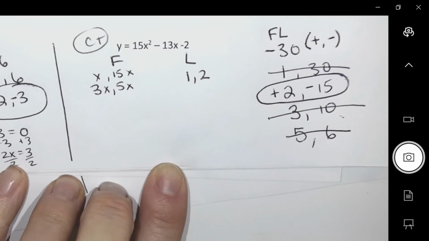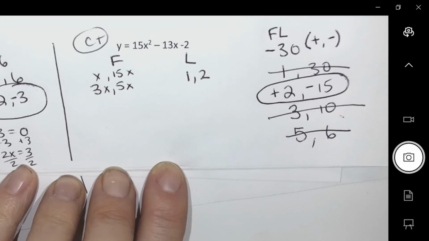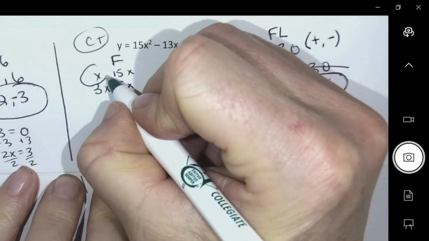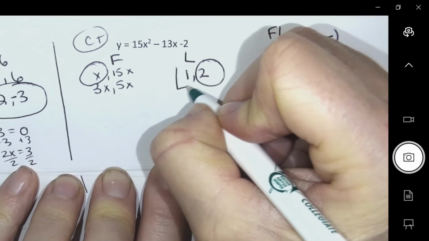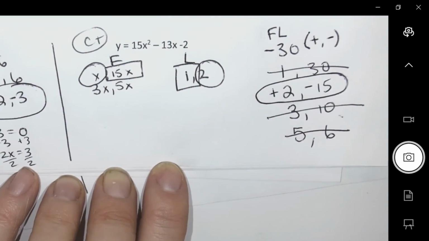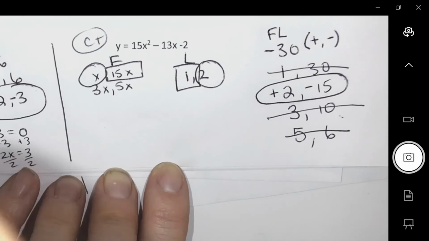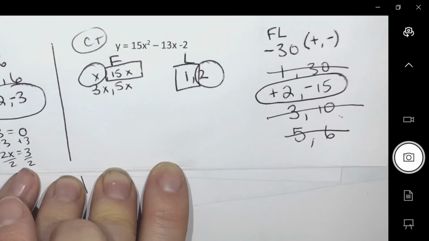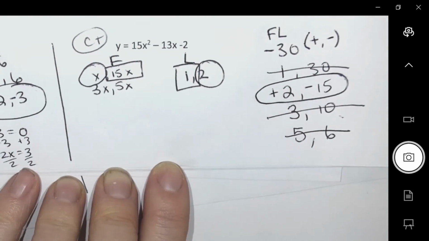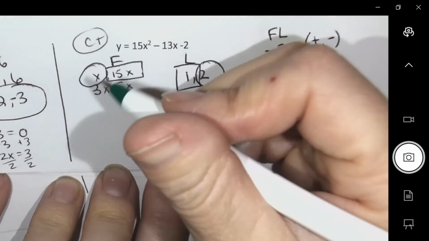Can you find some partnerships that will produce a 2 and a 15? Okay, those are my partners, the 1 and 15 with the 1 and 2. 1 and 15 make the 15. The 1 and 2 make the 2.